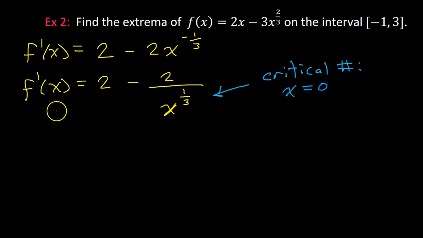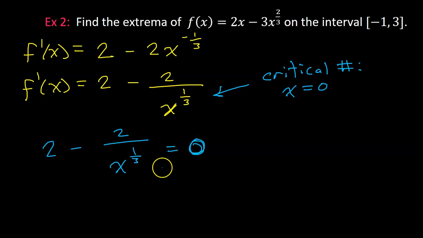We will get more critical numbers by setting the derivative equal to 0 and solving. So let's go ahead and do that now. If 2 minus 2 over x to the 1/3 power is equal to 0, all right, that is a sloppy 0, but you understand.